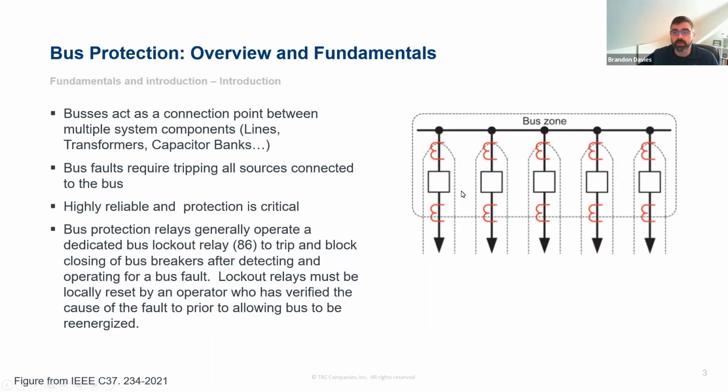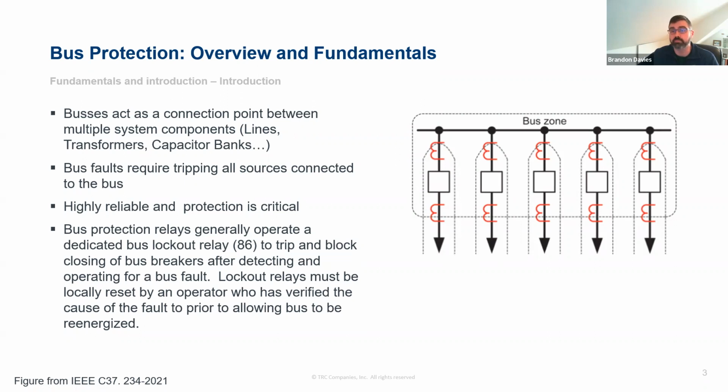I've got a fairly simple bus application here where we've got 5 breakers connected to the buswork, and each of these arrows would represent another piece of power system equipment. It could be a transformer, a line, a cap bank, any of that stuff.